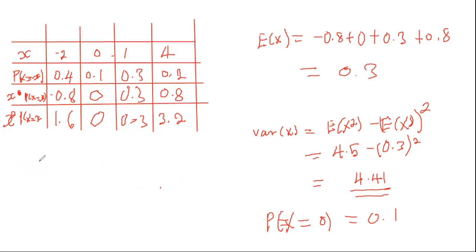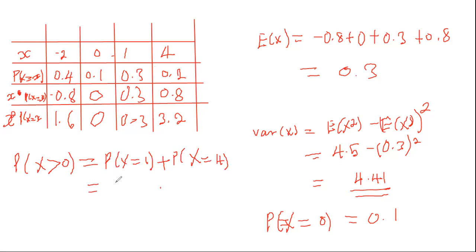For discrete, we don't need the table because the values are already here. So they may ask for the probability of x greater than 0. In our table, which numbers are greater than 0? 1 and 4. So this is the probability of x equaling 1 plus the probability of x equaling 4. This is 0.3 plus 0.2, which is 0.5.